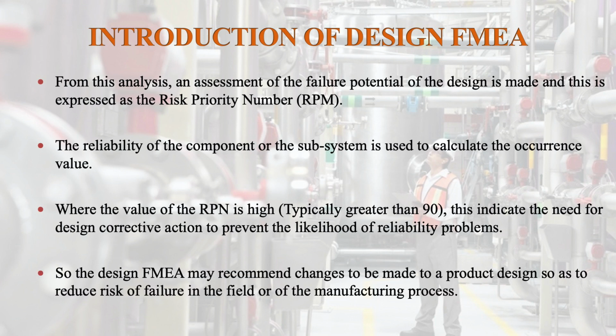So the Design FMEA may recommend changes to be made to a product design so as to reduce risk of failure in the field or of the manufacturing process. When the RPN is more, it may be greater than 90, then we can say that there is more risk, so some corrective actions are to be taken so that the process can be made okay.